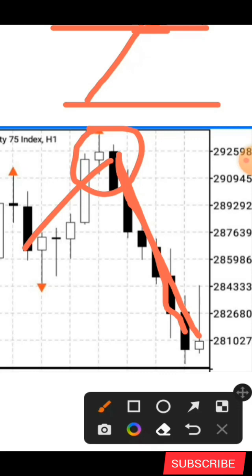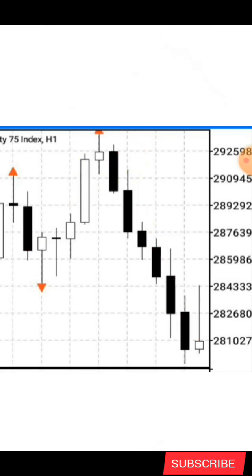So immediately it gets to that zone, you wait for this candlestick pattern to show. If you see something like this, then you enter for a sell, and you sell downward. So that's it for this spinning top. Let me show you another example with another candlestick pattern I look for, one of the candlestick patterns I look for before taking an entry.